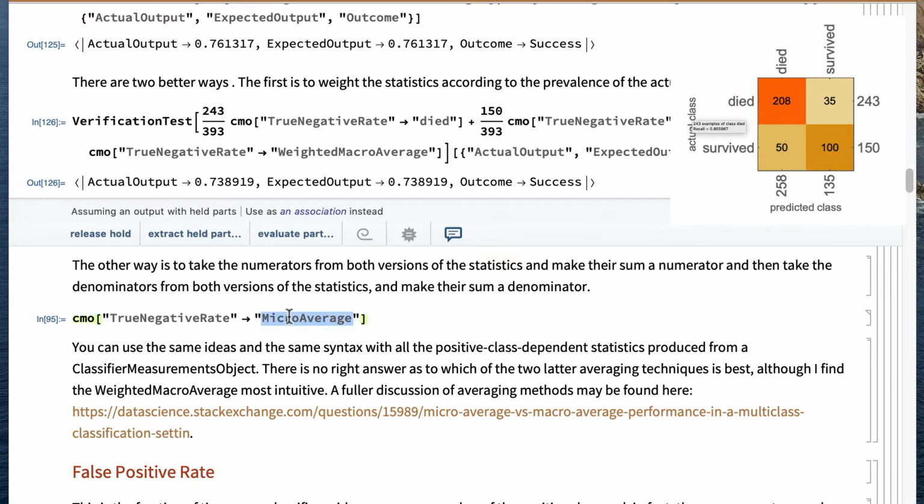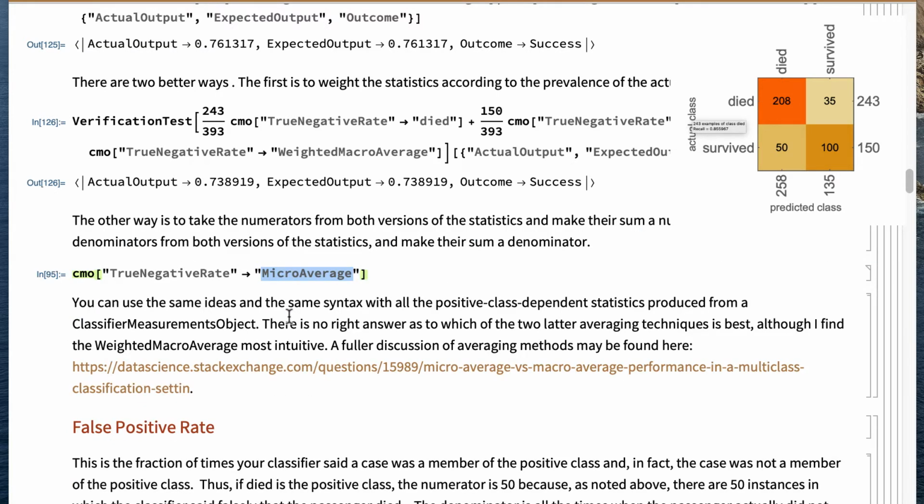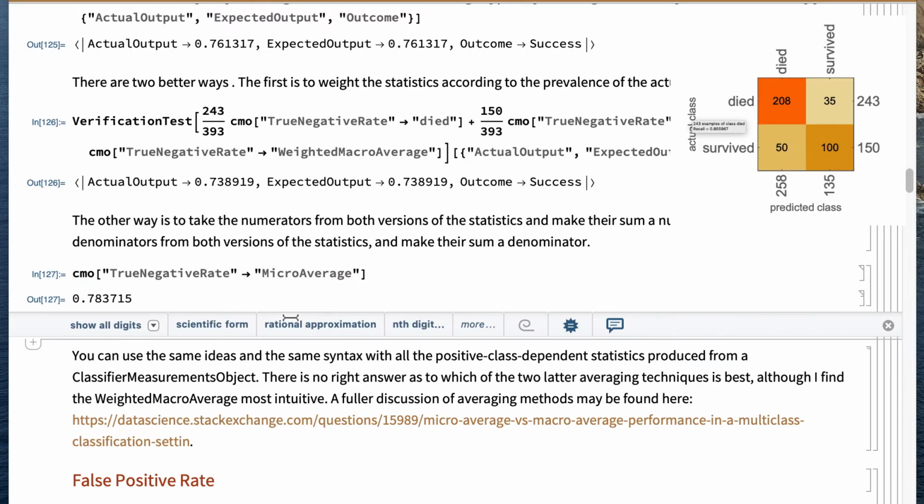Or you could just ask Mr. Wolfram to do this for you by asking for the micro average. So that's one way of addressing this distressing situation in which you get different values for these rates depending on which class you designate as positive.